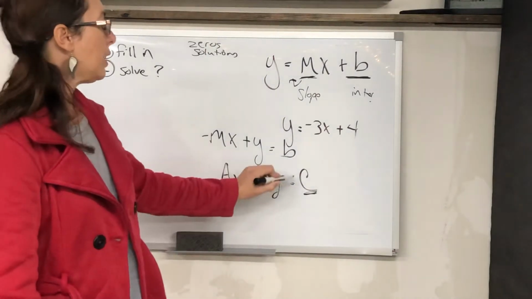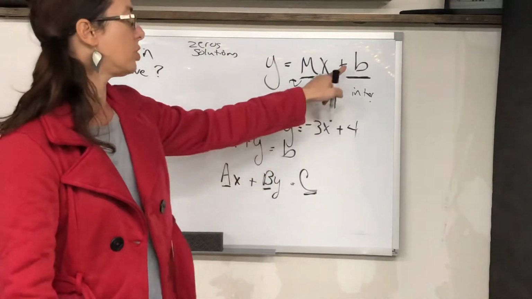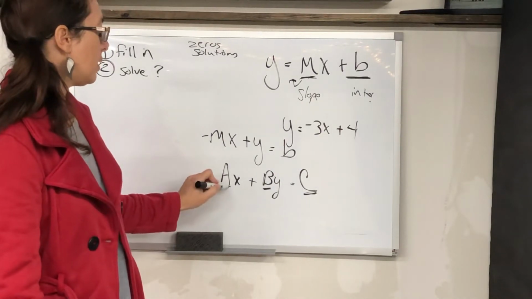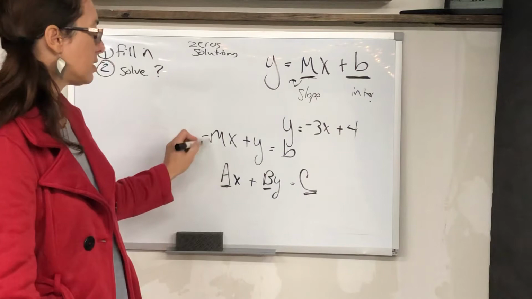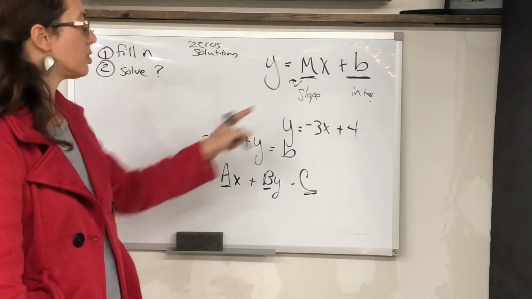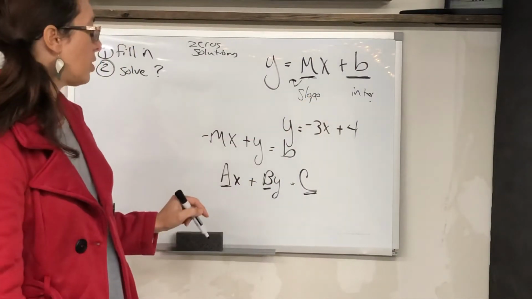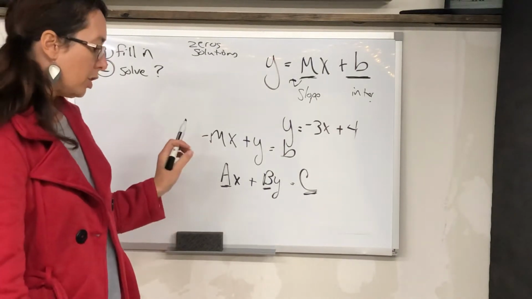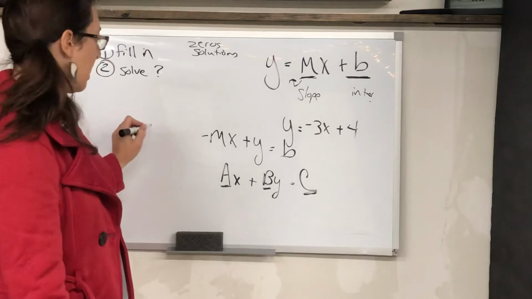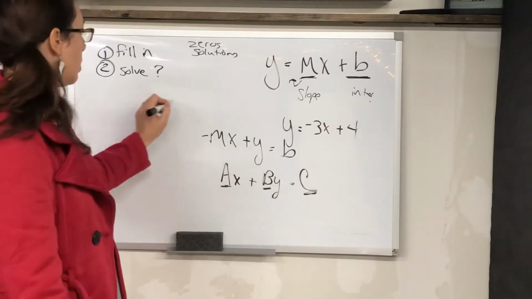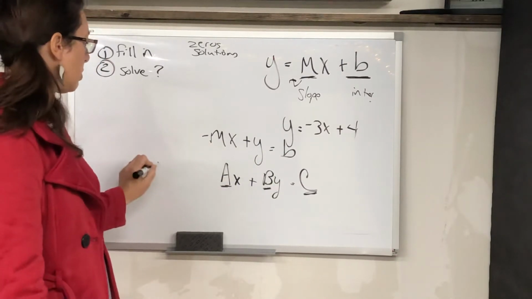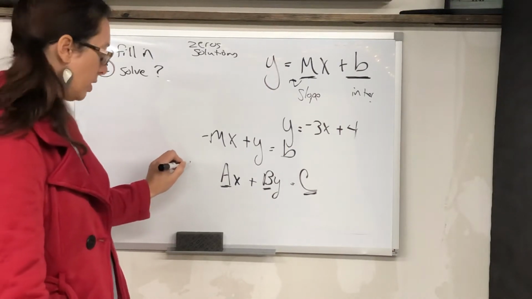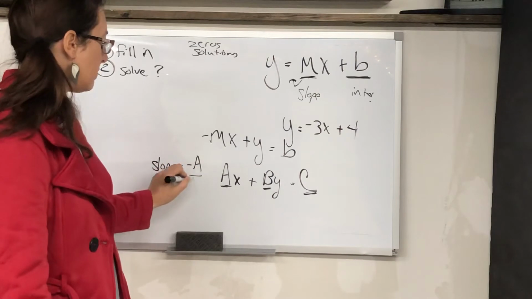So we know that our constant relates to our slope-intercept. We know that our coefficient in front of x is going to be a part of our slope, or sorry, our y-intercept. Coefficient of x is going to be part of our slope. So they will say that when you're in standard form, your slope is equal to -a divided by b.